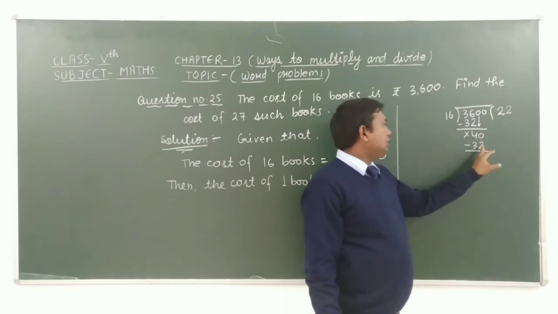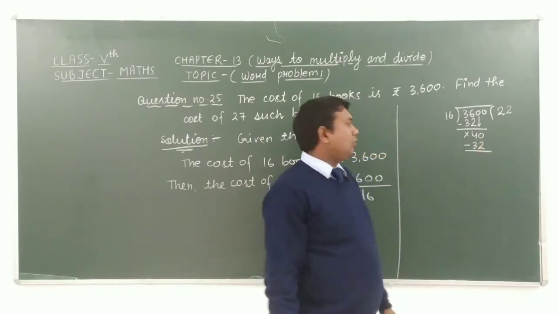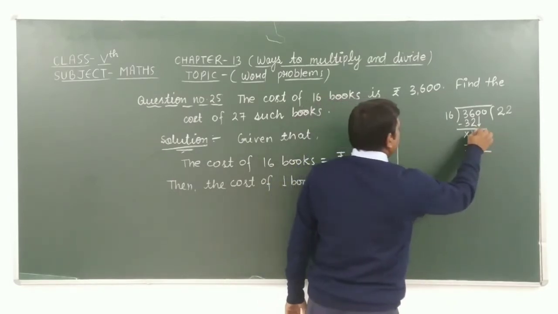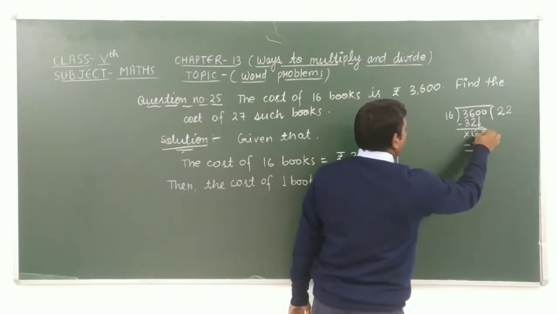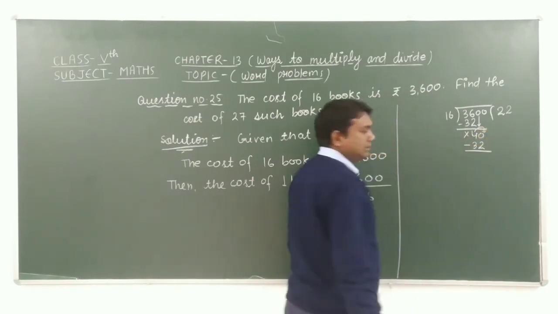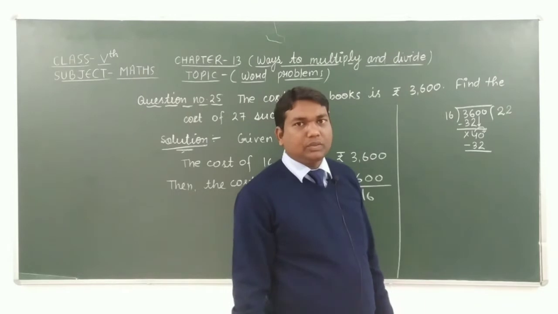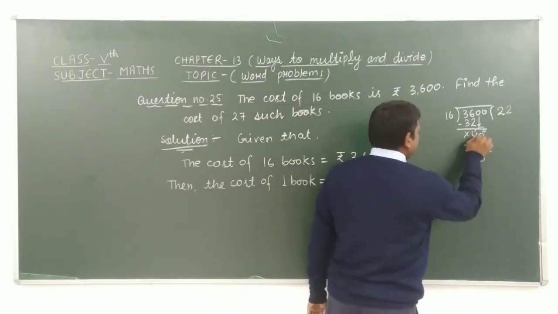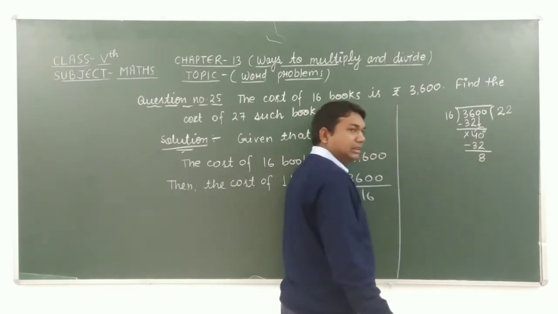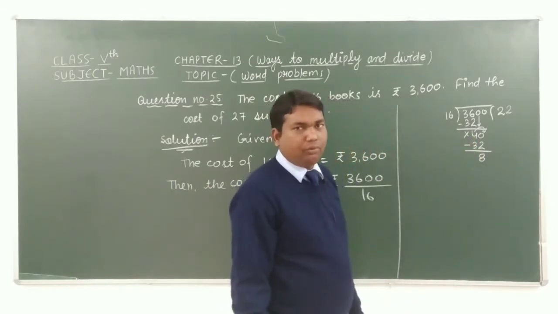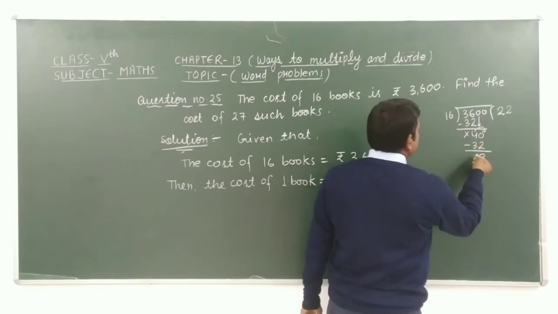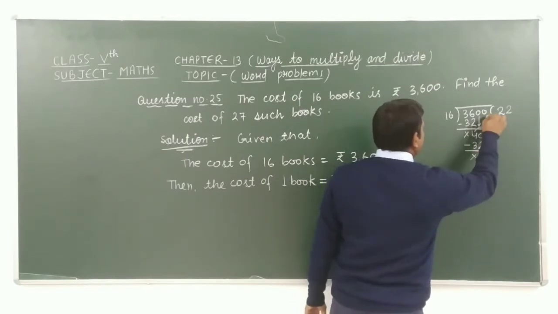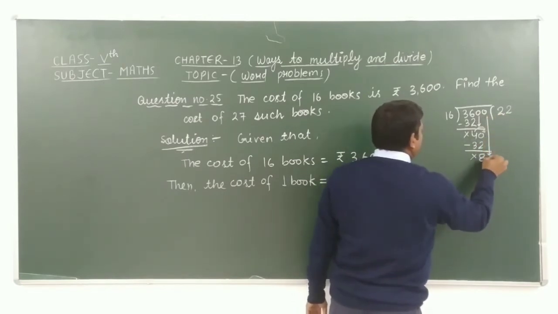We know that 0 is less than 2. Therefore, we have to take 1 borrow from 4 and 0 makes 10. Okay, 10 minus 2 is 8, and here we get 3 in place of 4, and 3 minus 3 is 0. It means that cancel out, and here again we have to take 0.